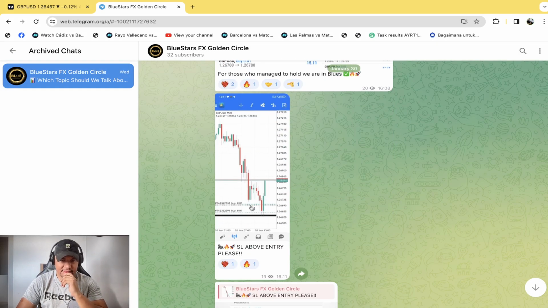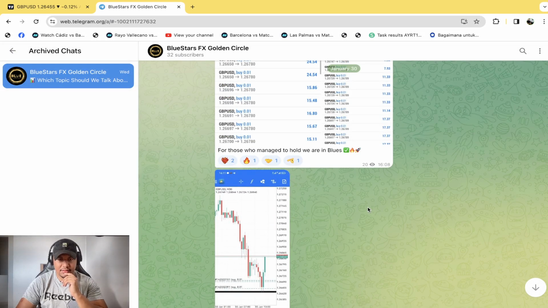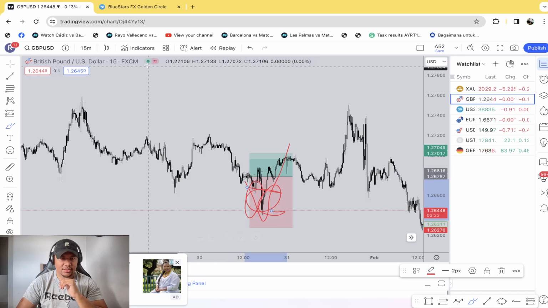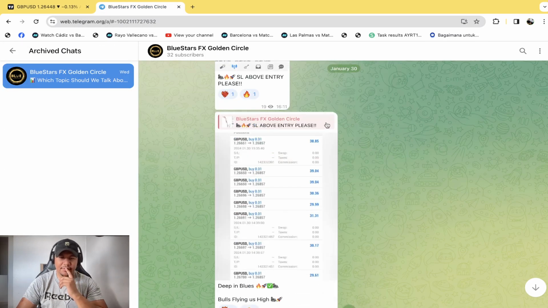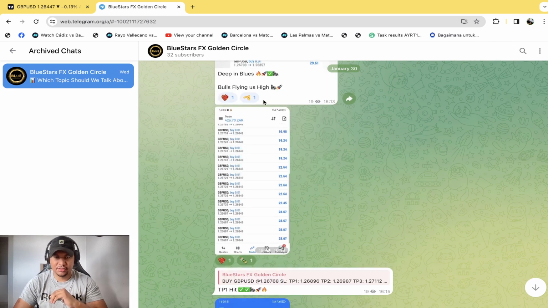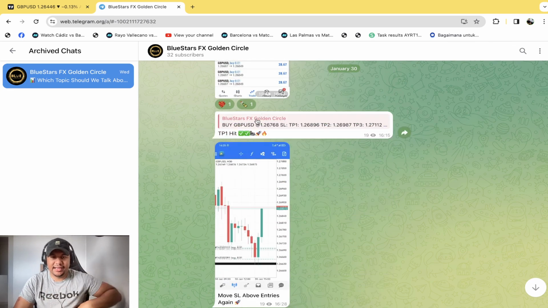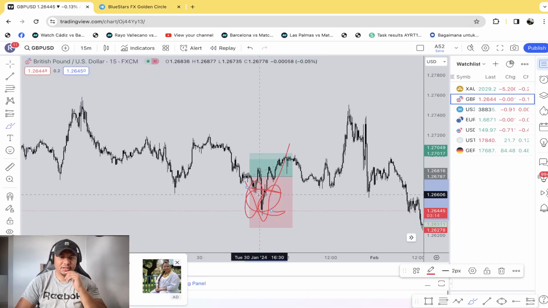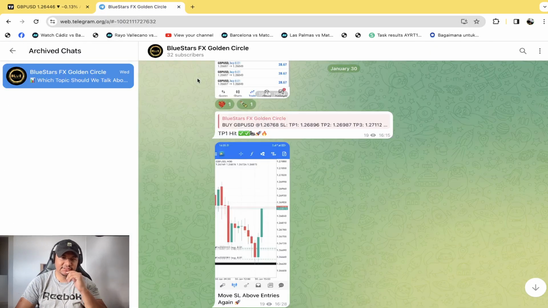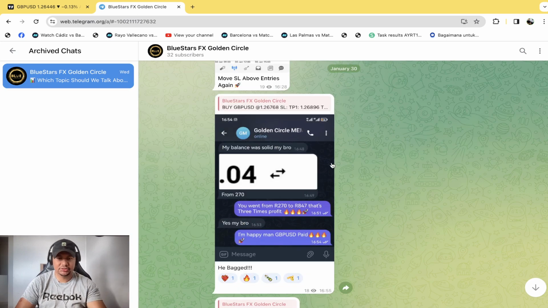In any case, let's continue. For those who managed to hold, now you're probably going to count this as a win also. But this drawdown is where you say stop loss, but there's no stop loss.